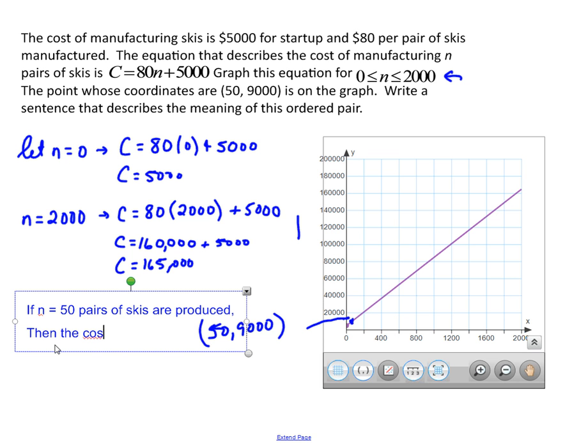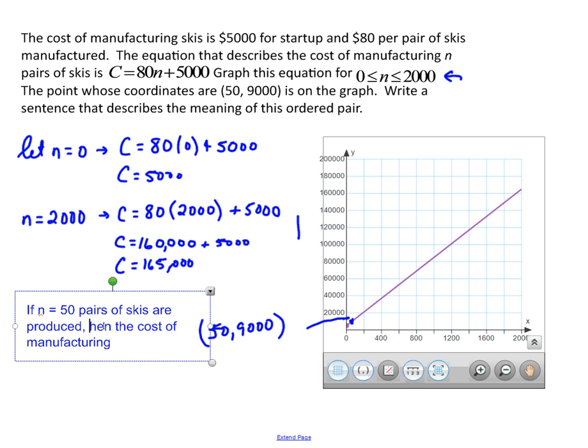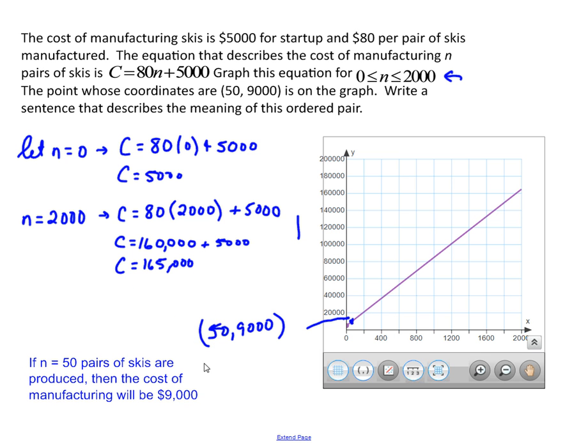Then the cost of manufacturing will be $9,000. Right? Seems pretty straightforward, but once you get the idea of what these graphs actually represent, this is actually sort of an easy idea. Good luck with your own graphing assignment this week. I'll see you in class.